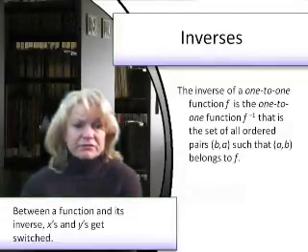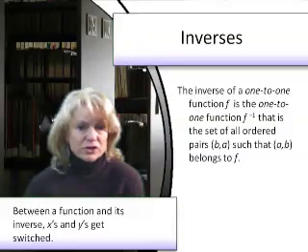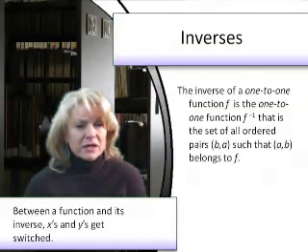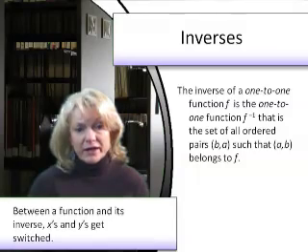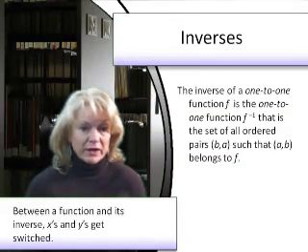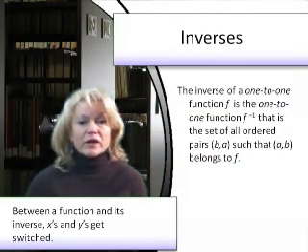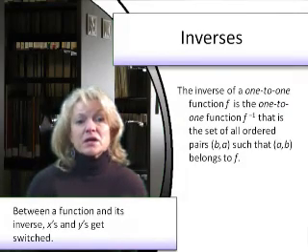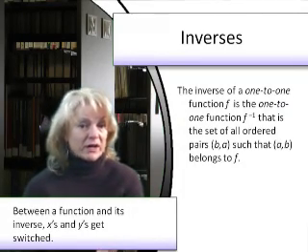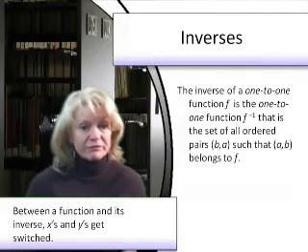Consider the steps in finding the inverse to a one-to-one function. The second step has us interchanging the roles of x and y. In other words, replace x with y and y with x. What you are doing at this point is switching your domain and range. The x's of a function become the y's of its inverse, and vice versa.